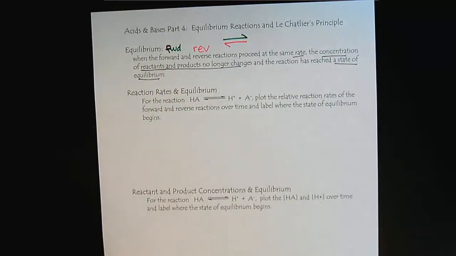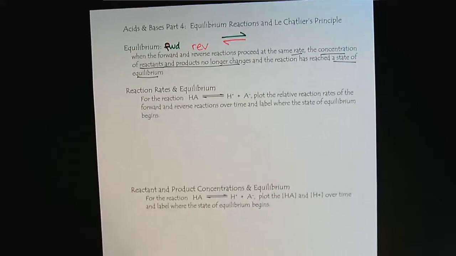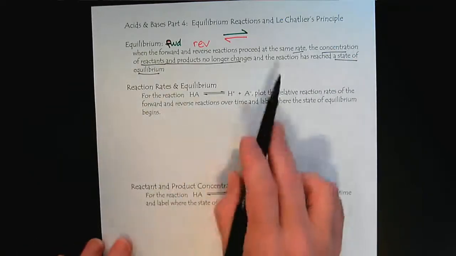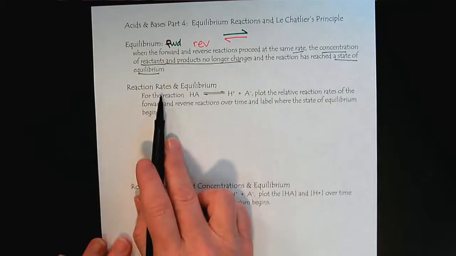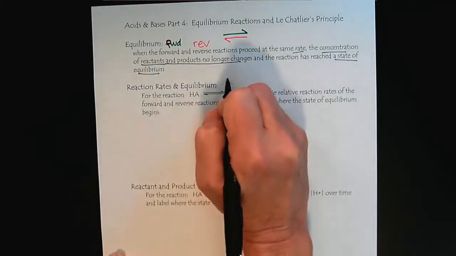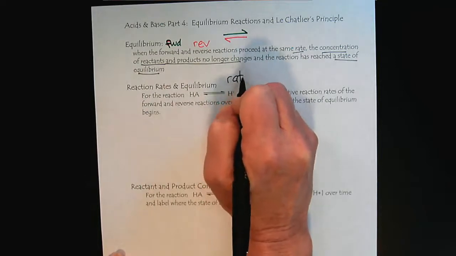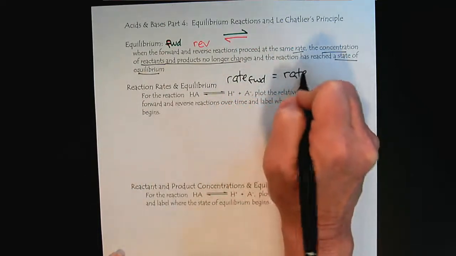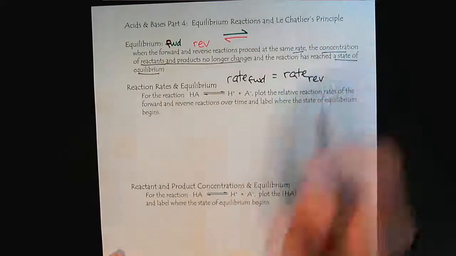Let's focus on the definition of equilibrium and make sure that we understand what that means. The first part of the definition had to do with the reaction rates. Basically what that first statement says is that the rate forward equals the rate of the reverse reaction.